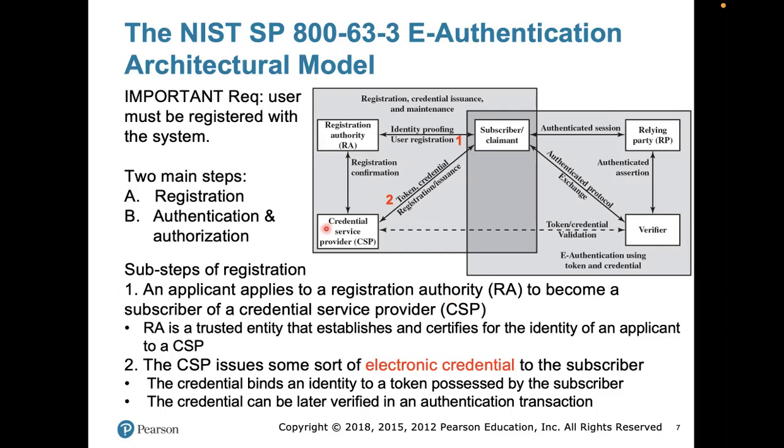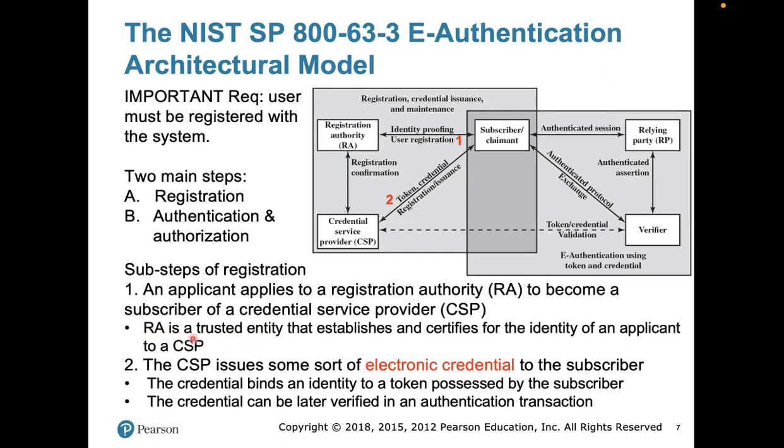The credential service provider might be the actual system that we want to work with, for example, your web server or your email server. This is an actual system, but we also have a registration authority. The registration authority is a trusted entity. Here is the definition and the role of the RA.